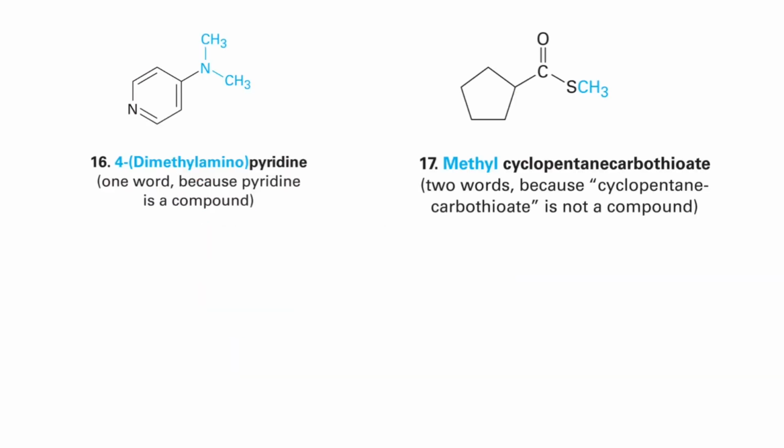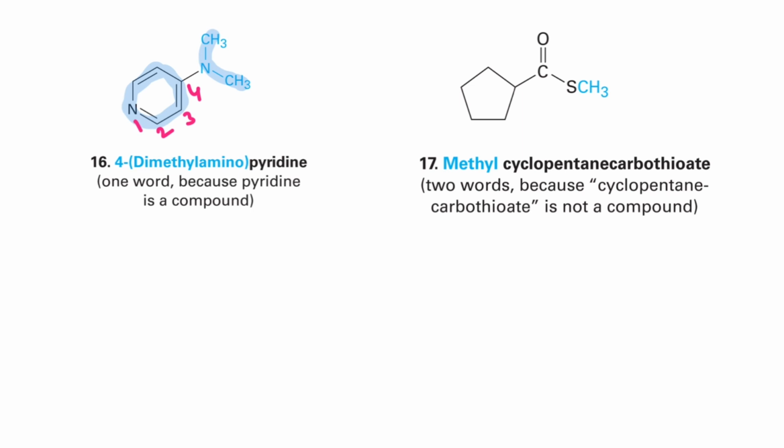Now one more example. Here we have one substituent and this is the parent chain. Numbering we can give here 1, 2, 3, 4.